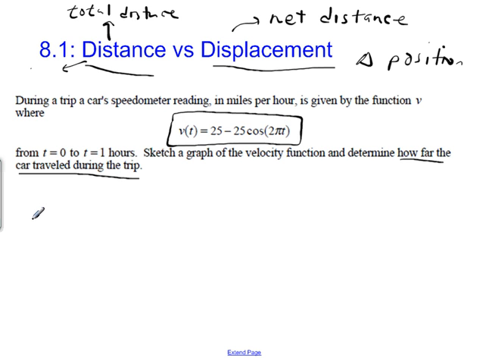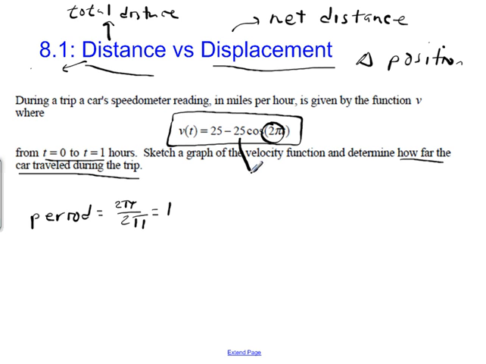Well, let's first talk about the period. We know that in a trig function, the period is 2 pi over this value. Well, that value is 2 pi. So our period is 1, which means from 0 to 1, and that's actually what we're looking at, from 0 to 1, we're going to go the full cosine cycle.